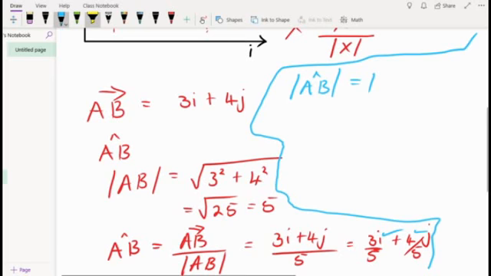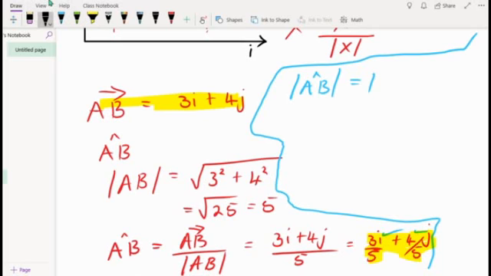Let's consider this example we just did. For the same question, we found the unit vector as 3 over 5 i plus 4 over 5 j. So let's find the magnitude of this unit vector.